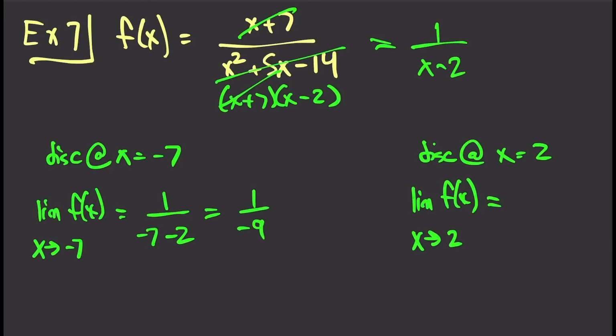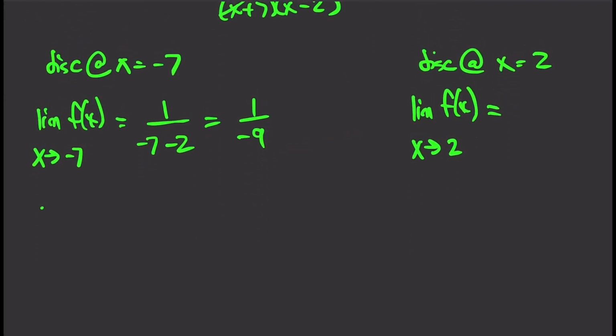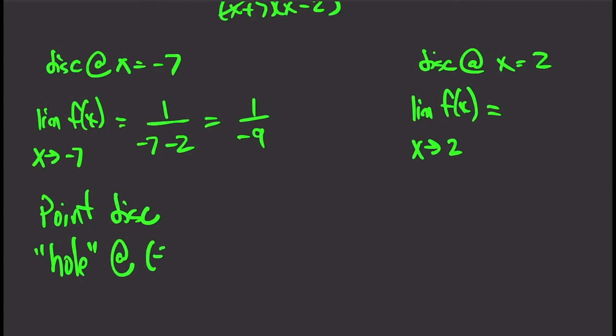So what I'm saying here is that the function has discontinuity, but the limit exists. The function does not exist, but the limit does. So that's what it looks like, a hole in the function. Over here, this is what we call point discontinuity, which means we have a hole at (negative 7, negative 1/9).